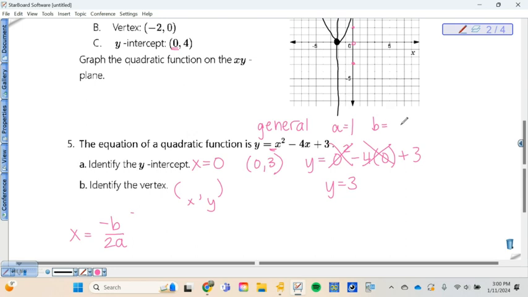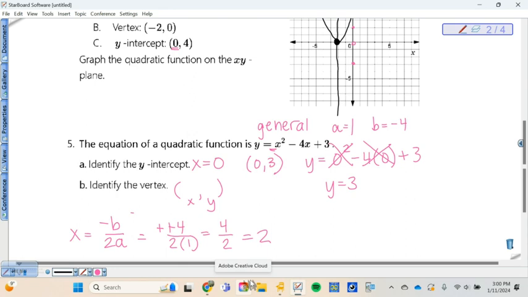Negative 4. And then just plugging those in, I've got negative 4 over 2 times 1. Negative makes a positive 4 over 2, which is 2.